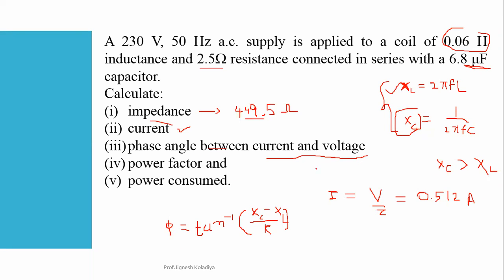So in this case you have to write XC minus XL upon R. Put down all the values and find your angle. Once you get the answer, as I told you, in case of angle and power factor, do not write just the numeric value. You have to specify whether it is leading or lagging. So tell me the final answer of angle phi.